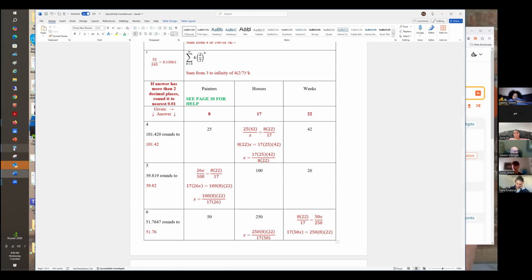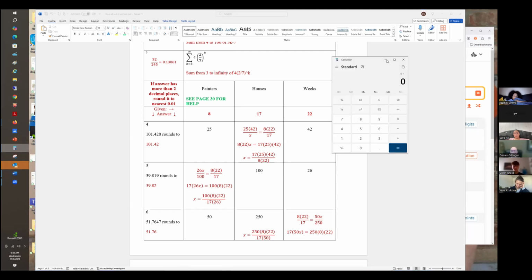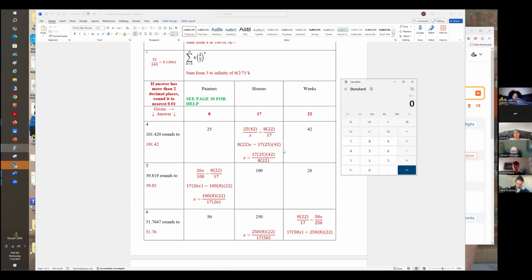I recommend that you don't do these little calculations and then start rounding everything off until you get to right here. Right here. You use 17. Look at it. Times 25. Look at it. 42.